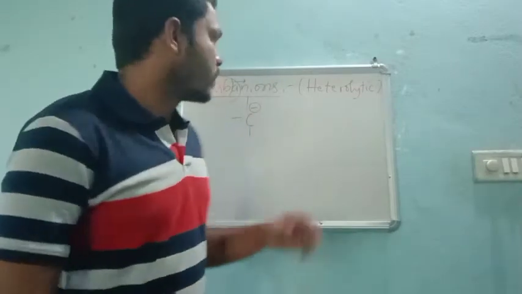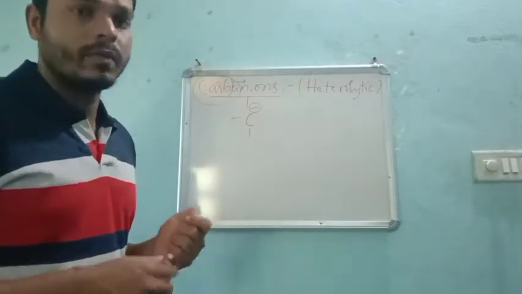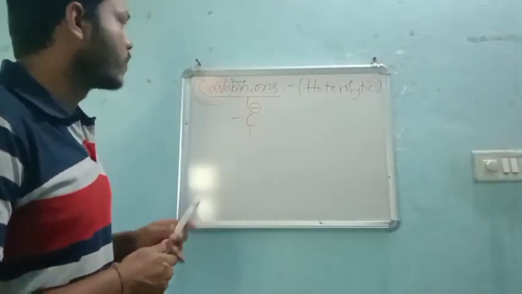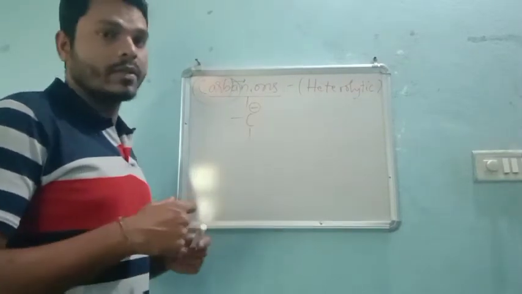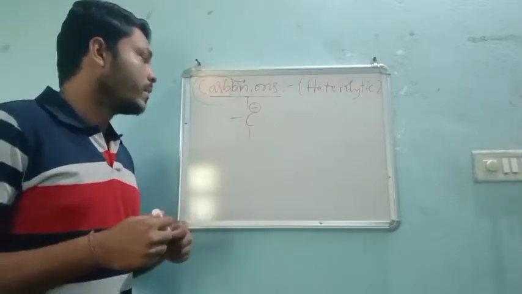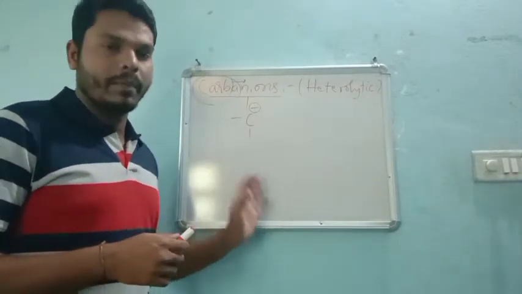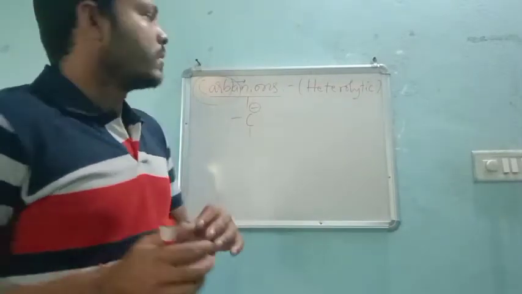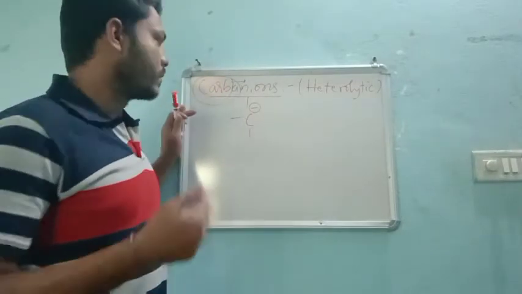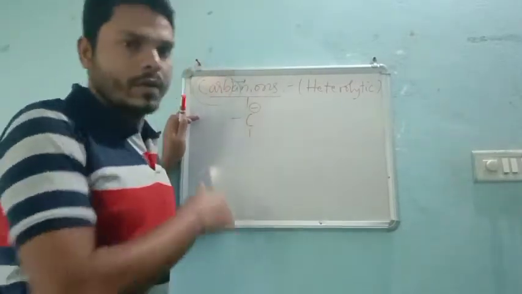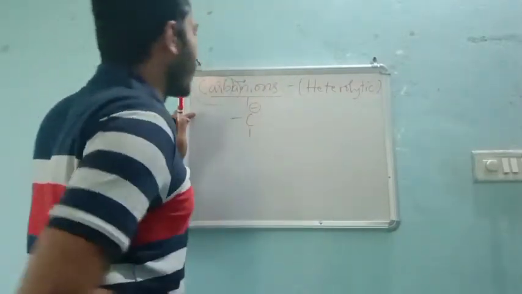You try to watch this video again and again, then you will come to know. And before starting these concepts, in the last class I told you that these are pretty typical. So try to watch this video again and again. So this is about carbanions.